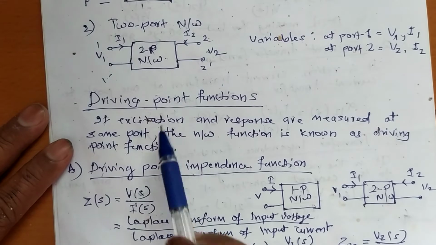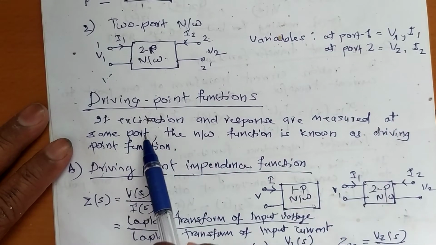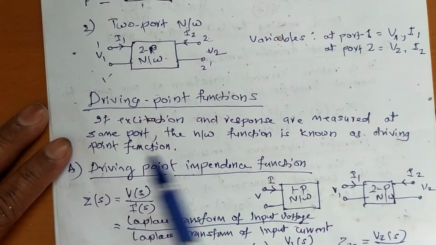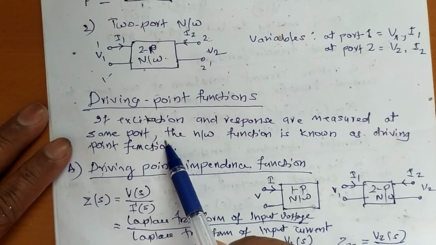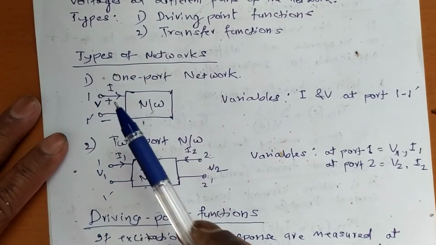Now let us start with the first one, the driving point function. What is a driving point function? If excitation and response are measured at the same port, the network function is known as a driving point function. Both input and output are taken from only one port. For example, look at port 1.